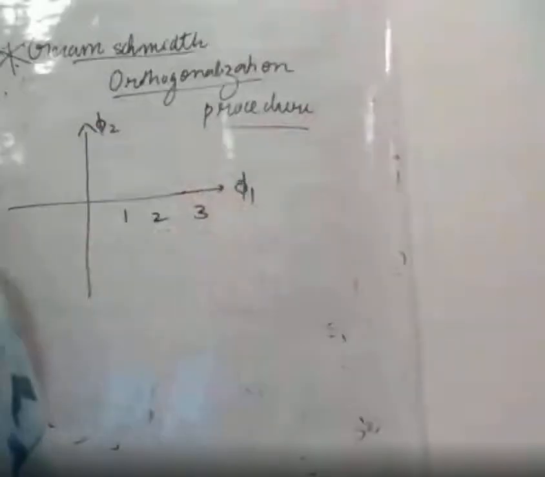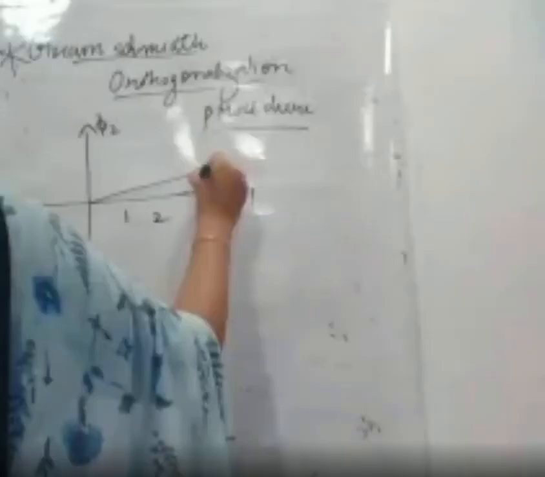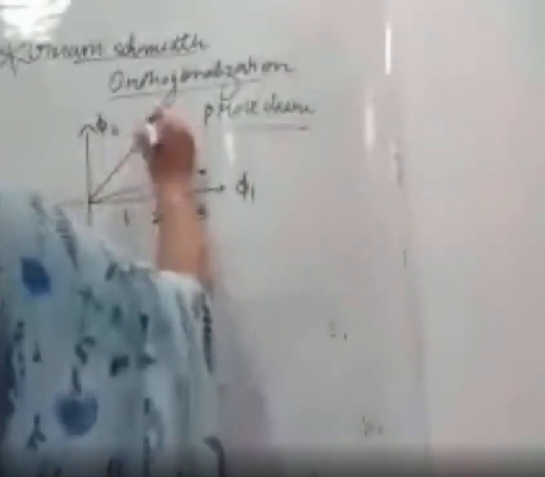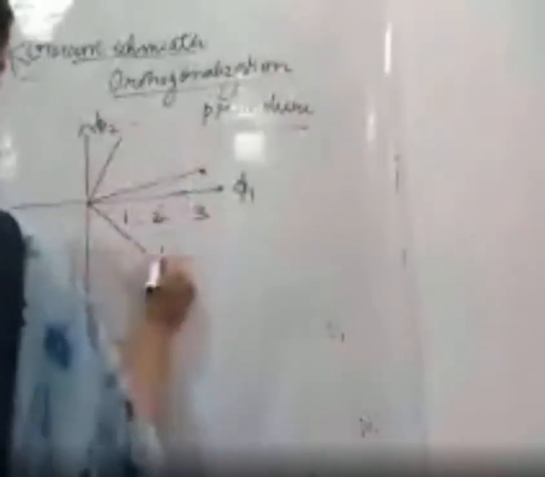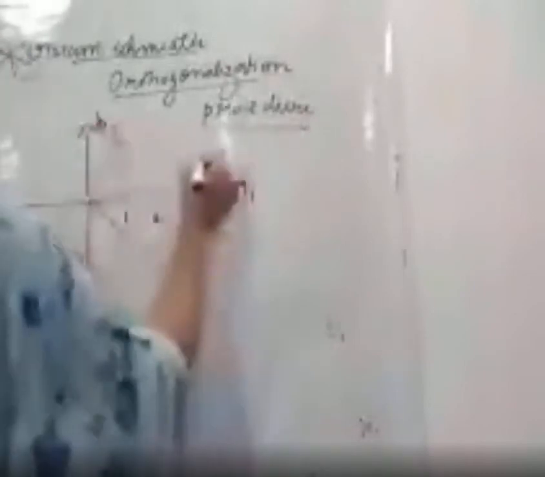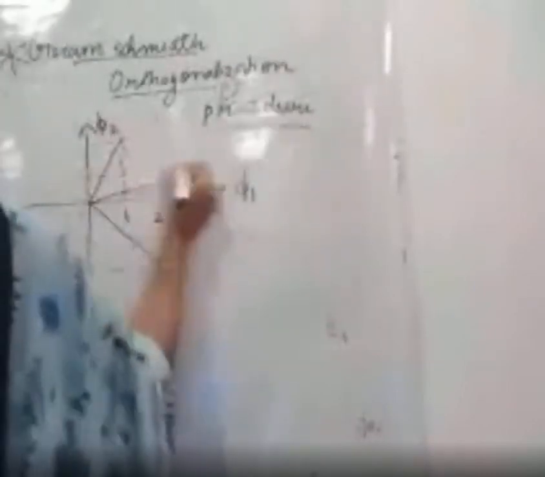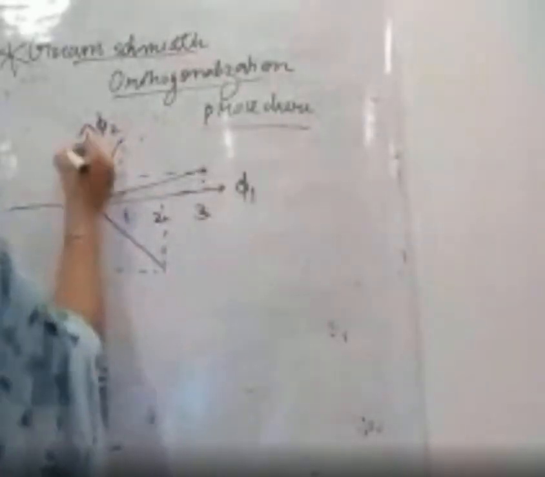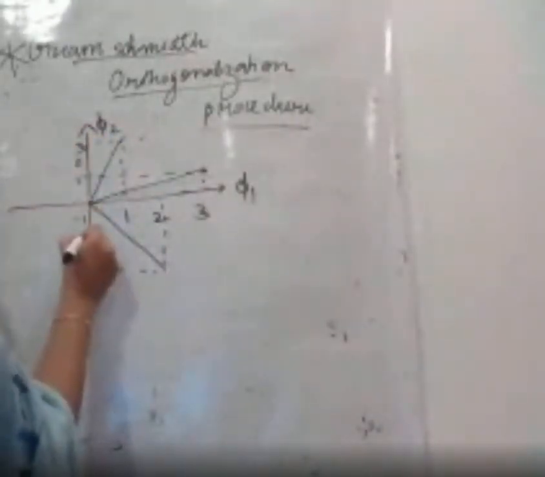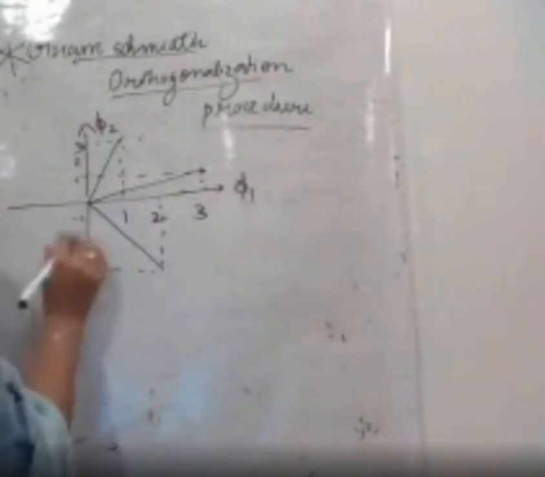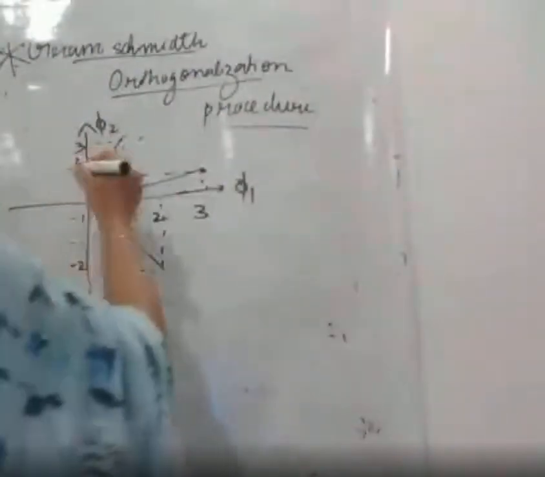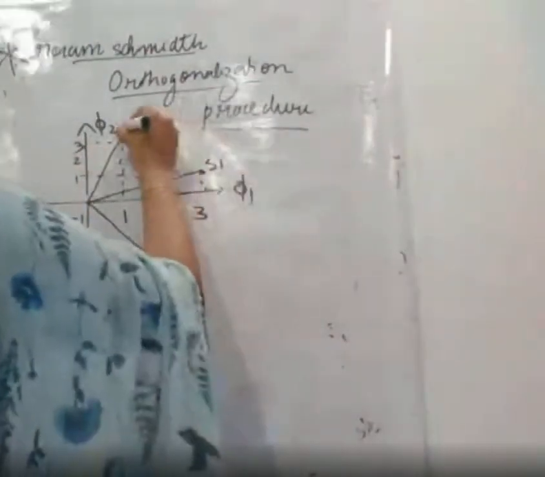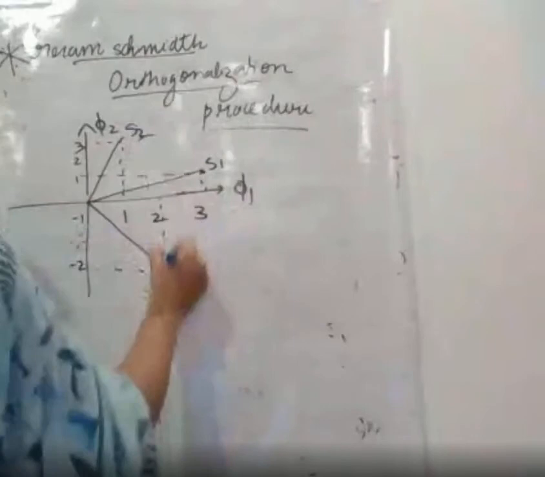These are two orthonormal basis function, and here we have three signals S1, S2 and S3.